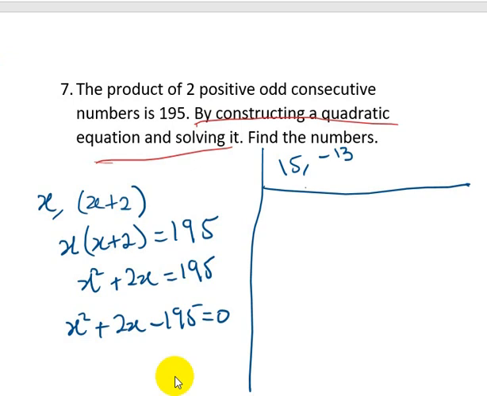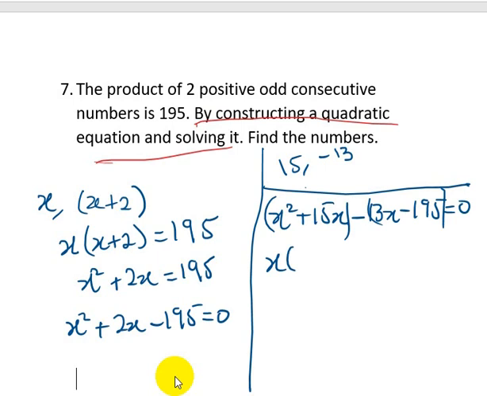Now from there, we will fix in the 15 and the minus 13 where the 2x is. So we are going to get x squared plus 15x minus 13x minus 195 being equal to 0. So in fact, we group this one and group the second one. Then we're going to get x bracket x plus 15.